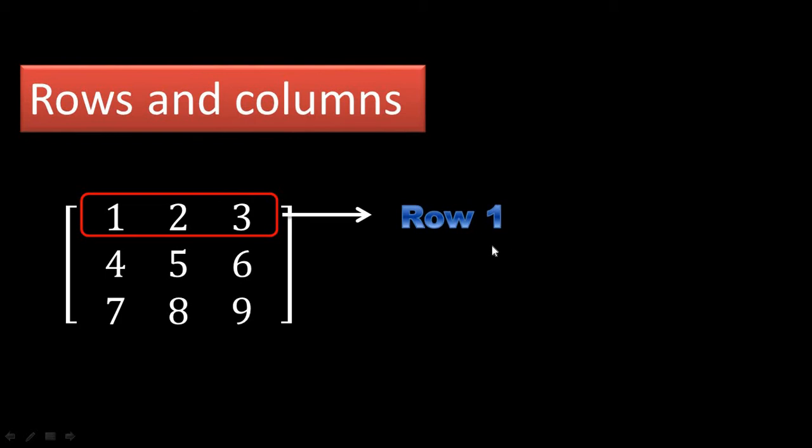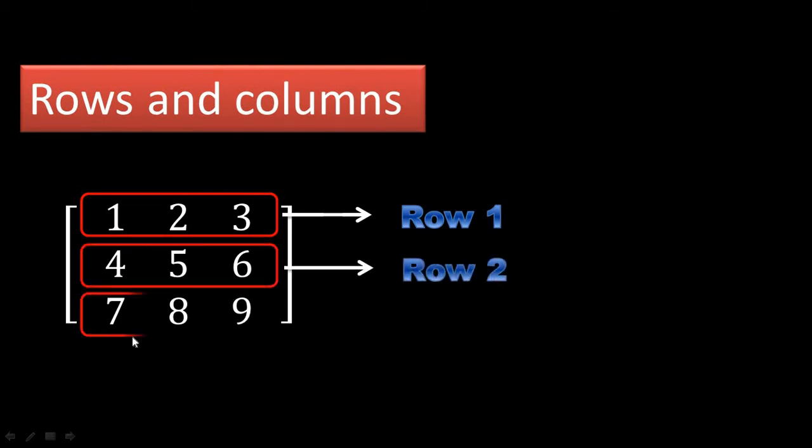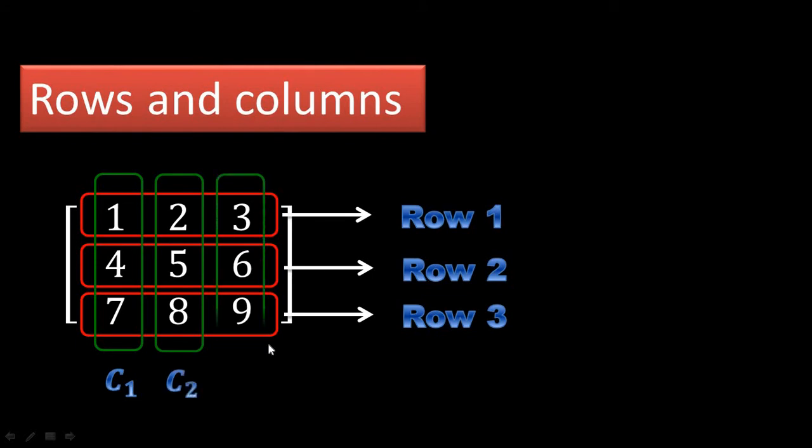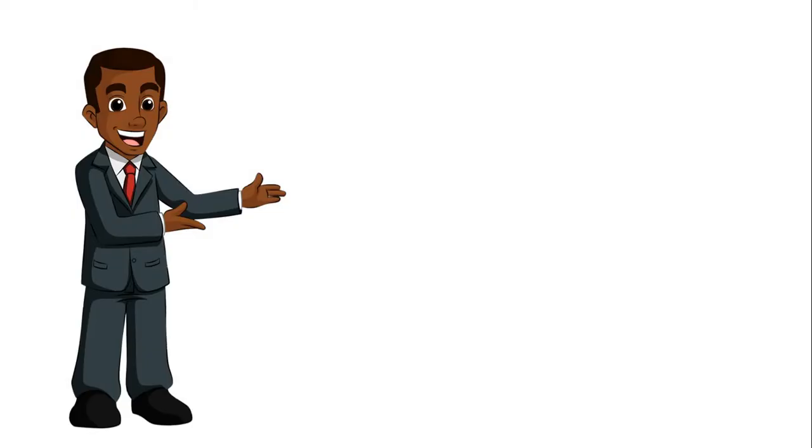This is row number 1, this is row number 2, this is row number 3, and the vertical lines in a matrix are called columns. So this is column number 1, column number 2, column number 3.